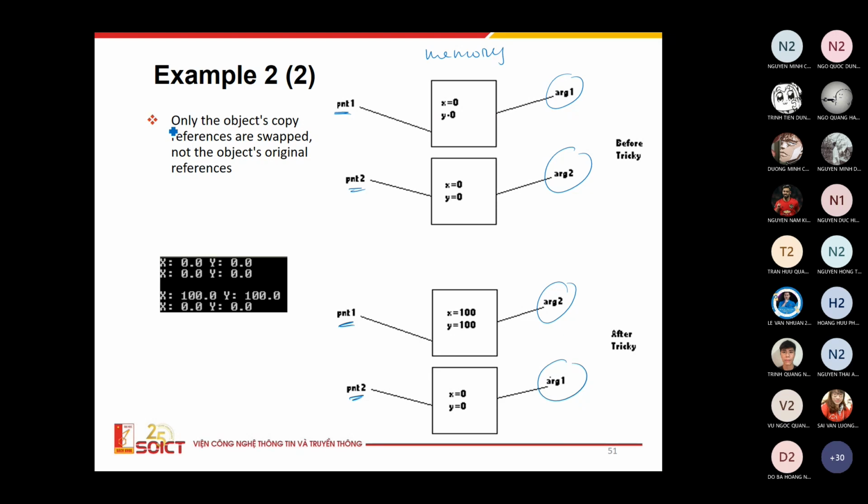Here only the objects' copy references are swapped, not the object's original reference. Here is kept, and here is swapped. So you can print out the value like this. So be careful when you read the code. You have to draw in the memory what will happen, and then you can consider the result.